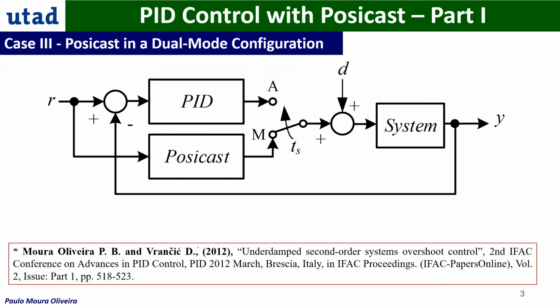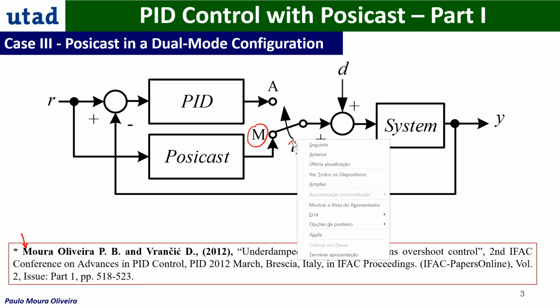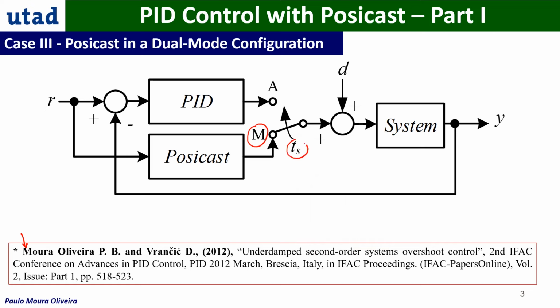The third approach is a dual mode configuration. In this case, this was proposed in this paper. We have a switch here that is going to switch from manual control to automatic control at a predefined switching time TS.